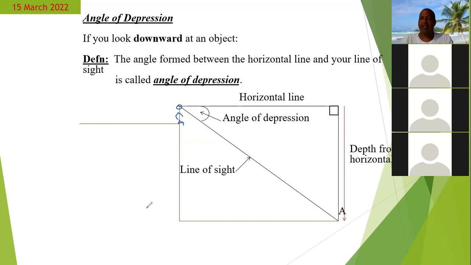So because the line of sight is somewhat impossible to measure in most scenarios dealing with angle of elevation and depression, which of the trig ratios do you think would be suited if we are working with this triangle?